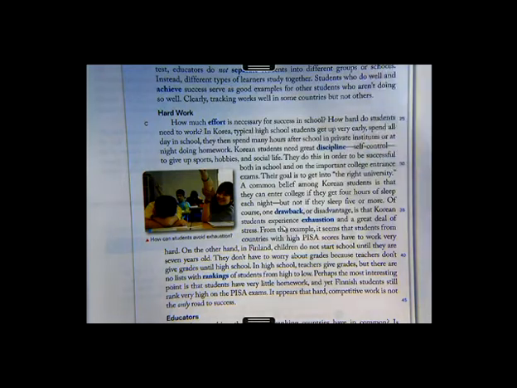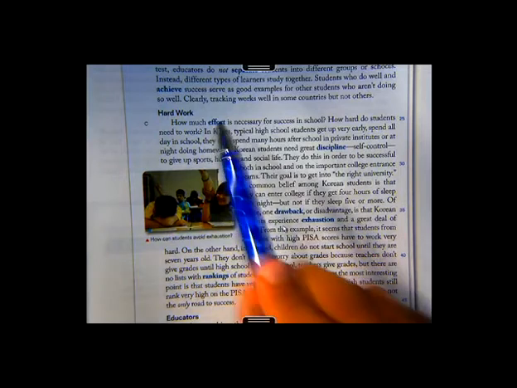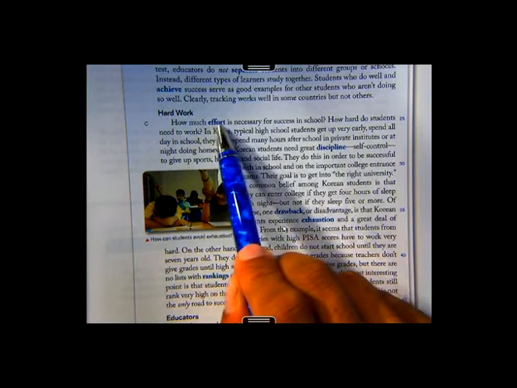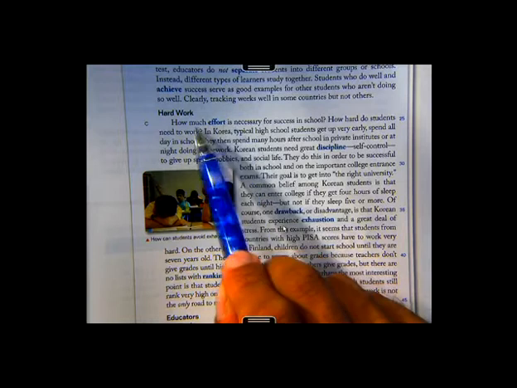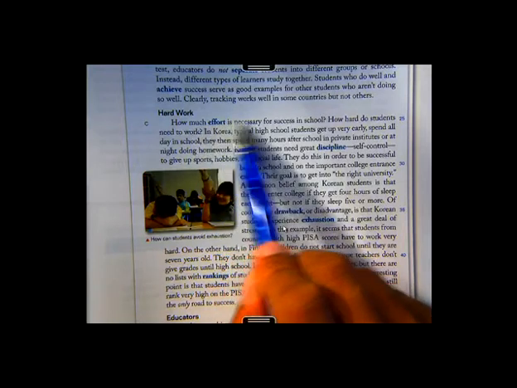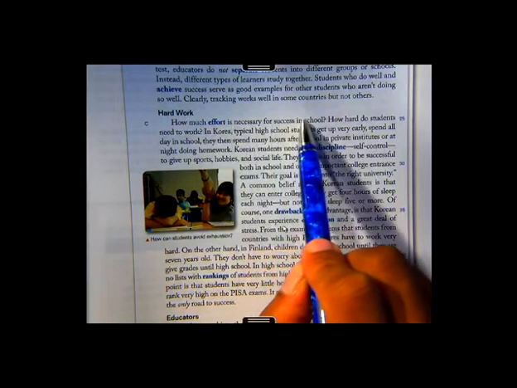So, what is the correct answer? Just by reading the sentences and examining the context, the correct answer is effort. The correct answer is effort. How much effort is necessary for success in school?